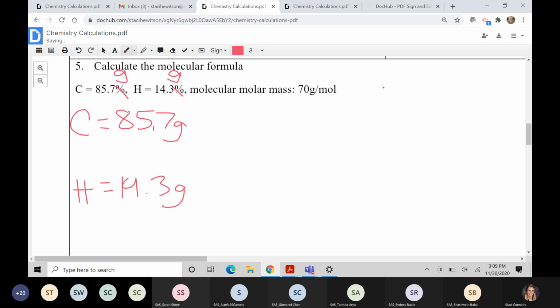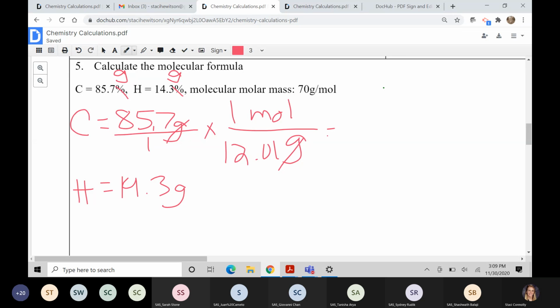I'm going to put it over 1, and then I'm going to divide by the molar mass. G for grams tells me to go to the periodic table. The molar mass of carbon on the periodic table is 12.01. And when I do this in my calculator, I do 85.7 divided by 12.01.